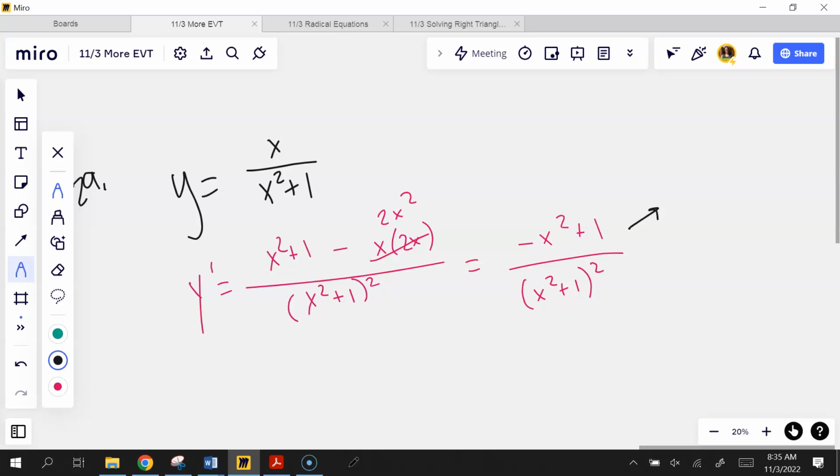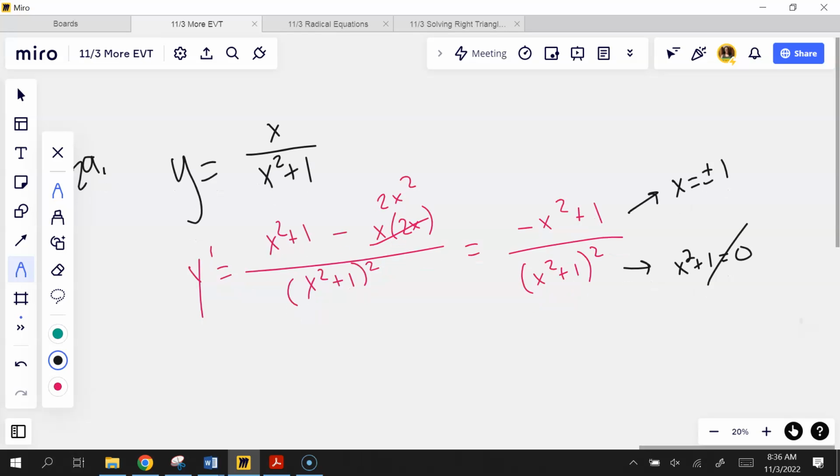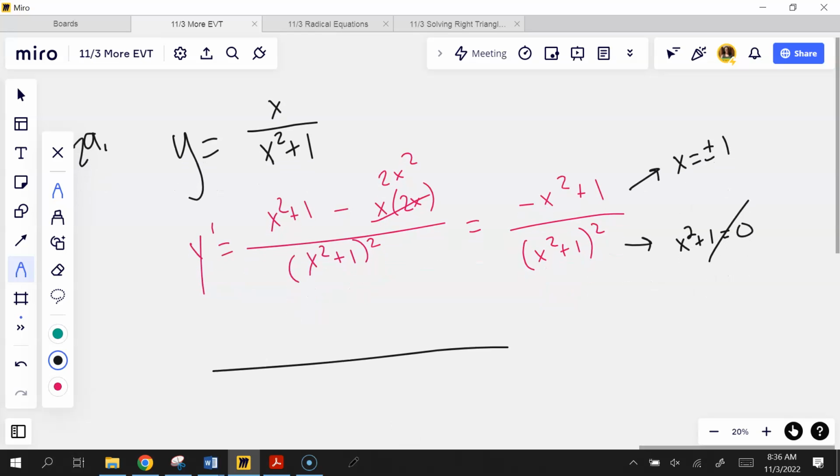This to 0 would give me plus or minus 1. This to 0, that's never going to work, right? It's never going to be 0. So I'm only looking at plus or minus 1.